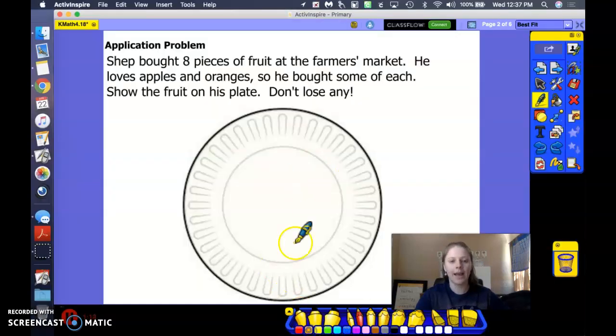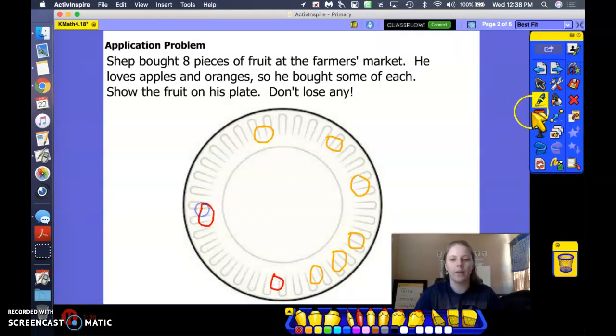So I have at the farmer's market some oranges and apples. I'm going to draw some oranges and I'm going to draw some apples. All right.